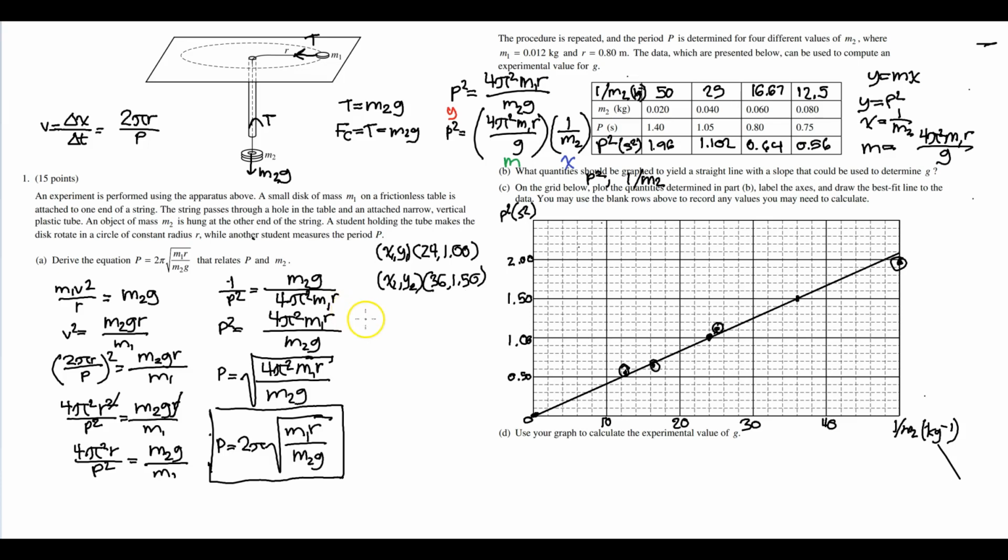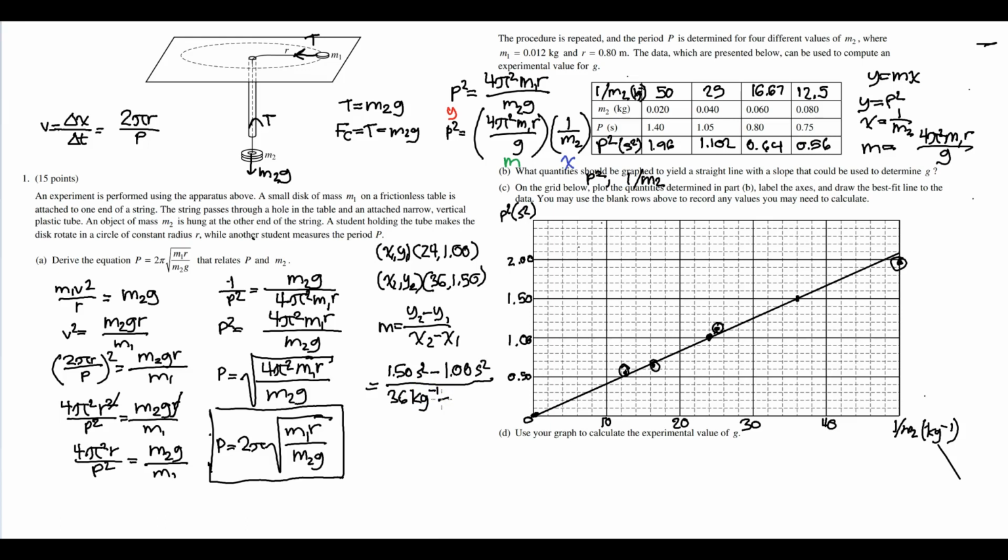So let's use our slope formula. m equals y2 minus y1 over x2 minus x1, which is 1.50 seconds squared minus 1.00 seconds squared over 36 inverse kilograms minus 24 inverse kilograms.